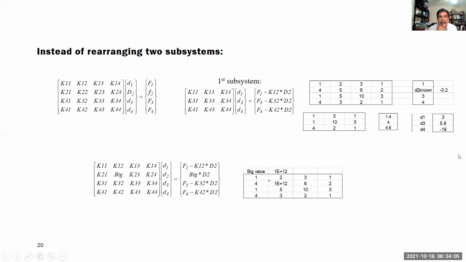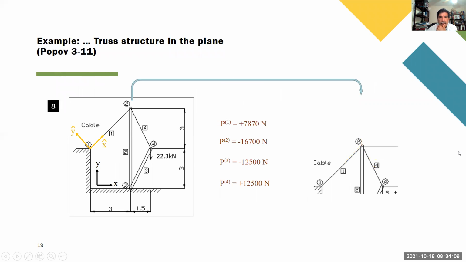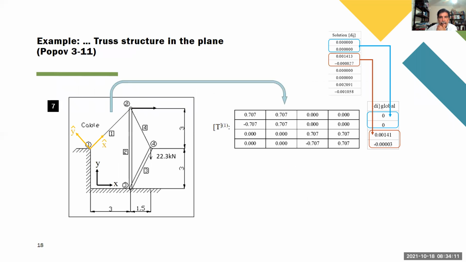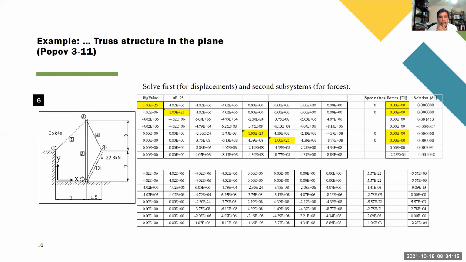Okay, people, now let's go back to our problem. You see that we know d1x, d1y, d3x, d3y. What we do is we replace them by a big value.